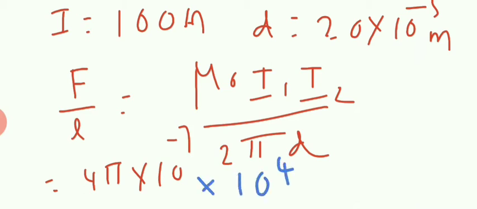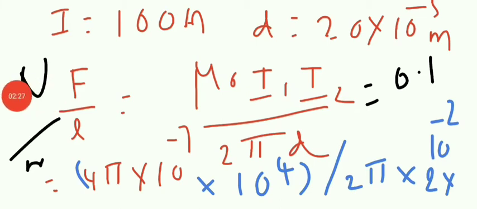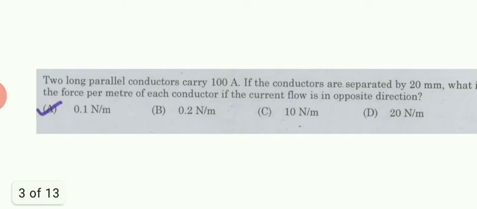I1 is equal to 100, I2 is also 100, divided by 2 pi. Distance is 20 into 10 power minus 3, that is 2 into 10 power minus 2. If you reduce, what you get is 0.1 Newton per meter, because force is Newton, length is a meter. So 0.1 Newton per meter. So option A is a right answer.